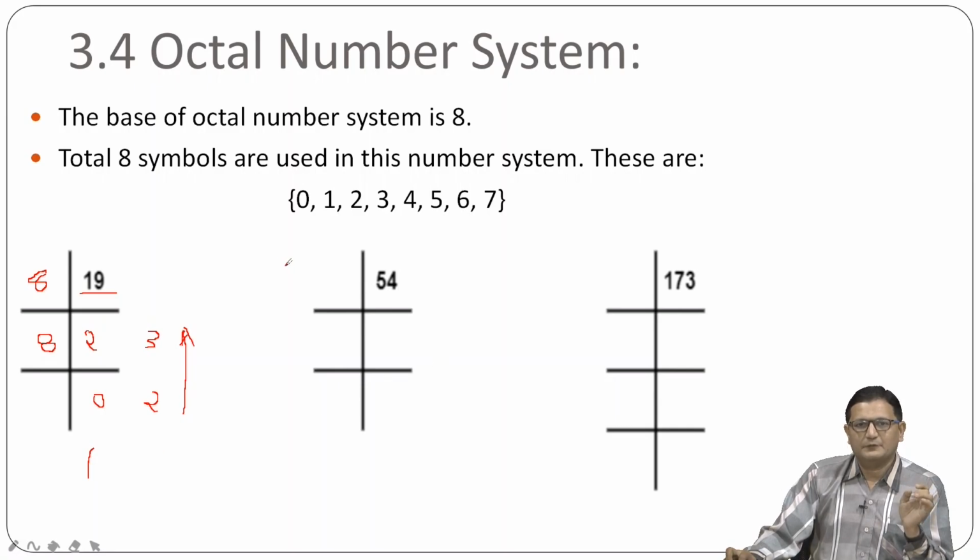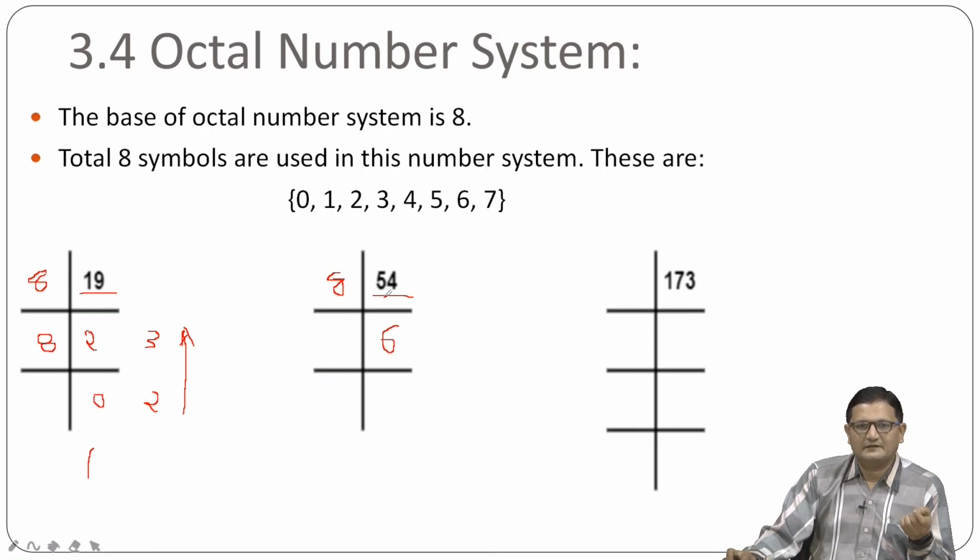Similarly, suppose 54 is given to you and you want to convert it into octal. Again you divide it by 8. 8 sixes are 48.